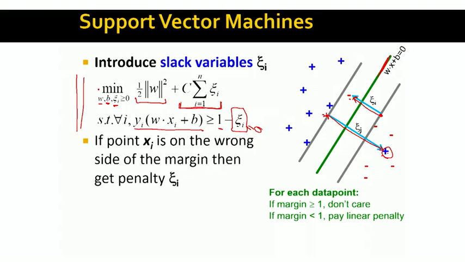If we take a data point xi and it is on the wrong side of the classification margin, then we incur some penalty for misclassifying it. This optimization that we set up so far is called the SVM with soft constraints. Why soft constraints? Because now we can also allow for misclassifications.